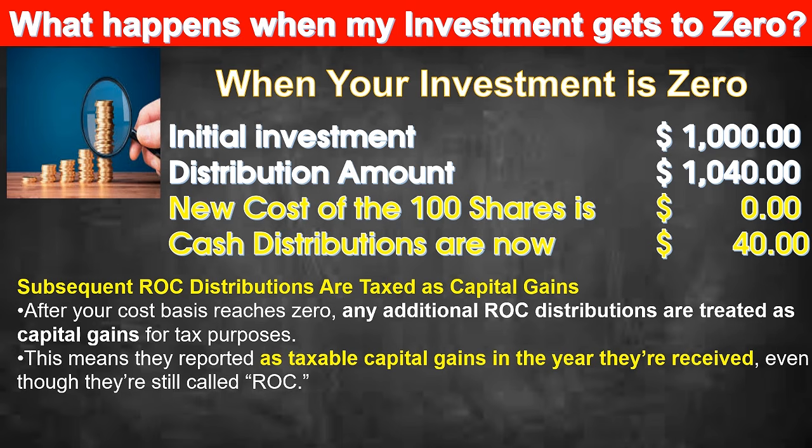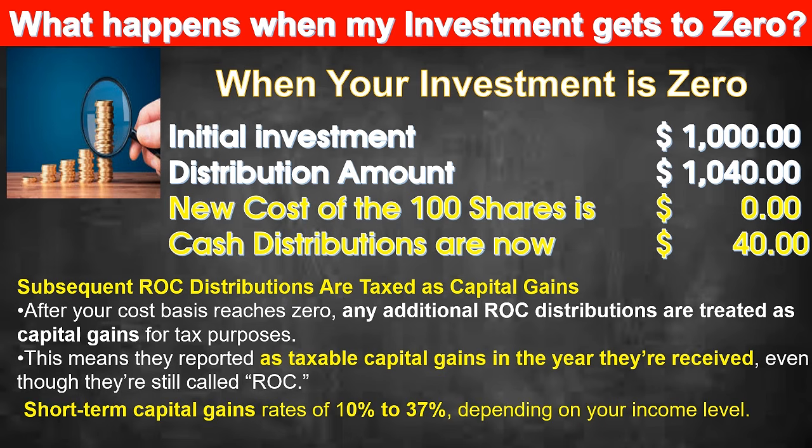Well, how long have you held this fund? If you held it for less than 12 months, you are going to get short-term capital gains, which again goes back to that 10 to 37%, which is basically like regular income.